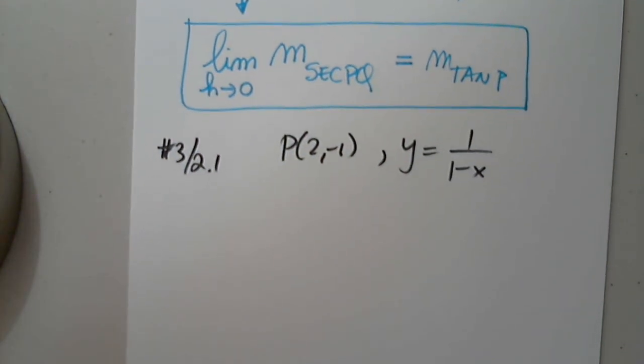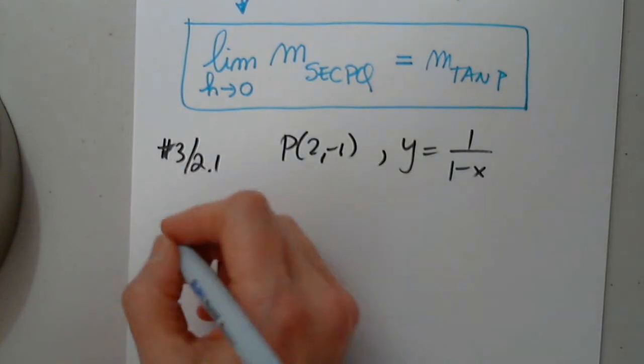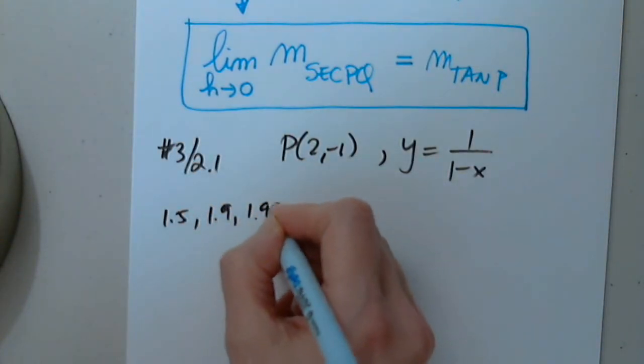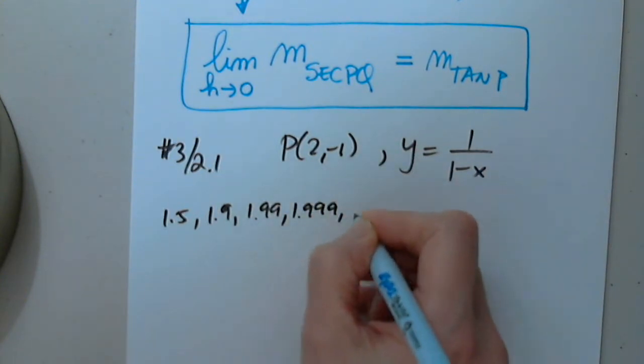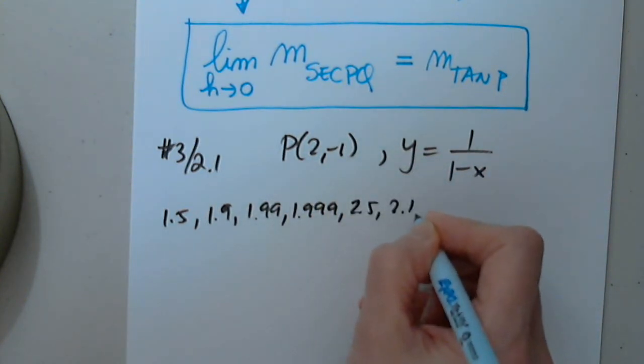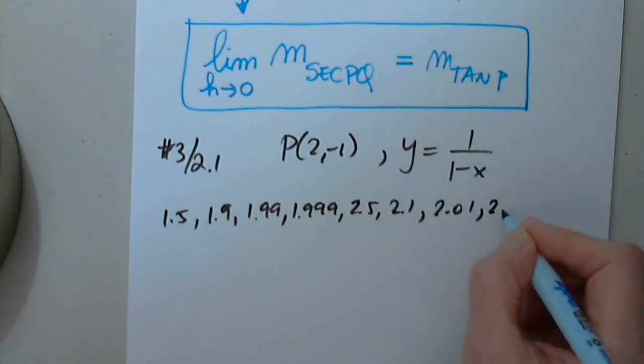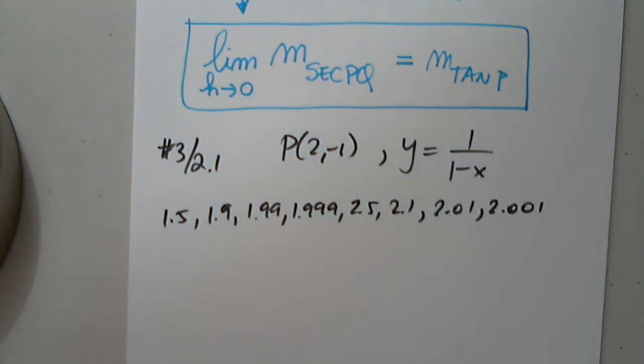Okay, and I just want to copy these numbers. So 1.5, so I can stop sharing. 1.99 and 1.999 and 2.5 and 2.1 and 2.01 and the last one 2.001. Okay, perfect. They are asking us to find the slope of the secant line PQ, 6 decimal places.